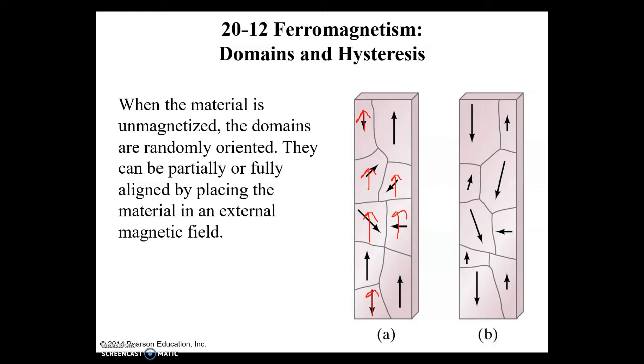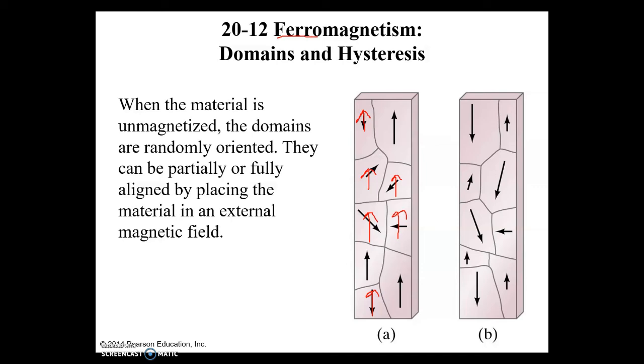And once they're all oriented in the same direction, their influence on surrounding matter becomes stronger, and you've got yourself a magnet, a ferromagnet. Ferro coming from the root for iron, so it's an iron magnet here.